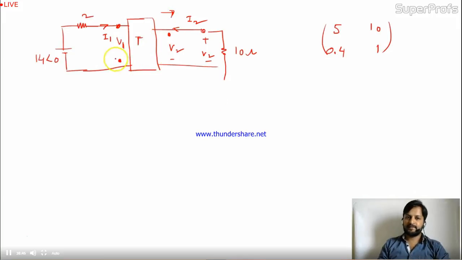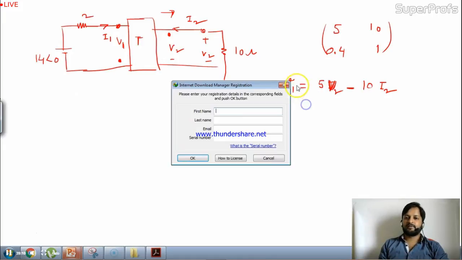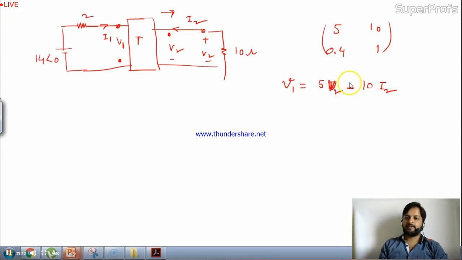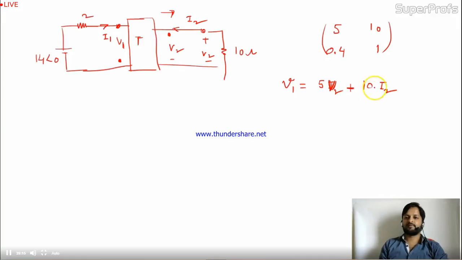Then I can write this equation: V1 equal to A V2 minus B I2, A is 5, B is 10. Is it okay? If the current is outgoing, but here the current is incoming, so for this particular one I can write plus because the current is opposite.